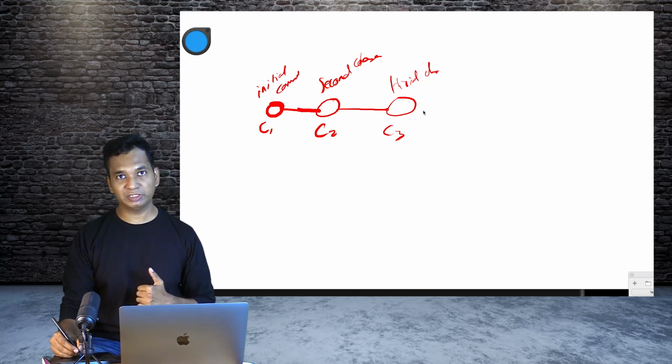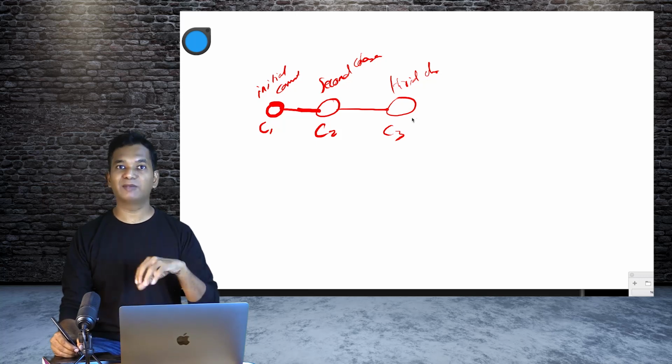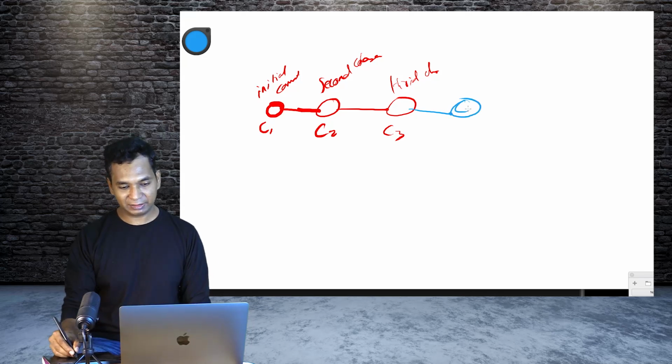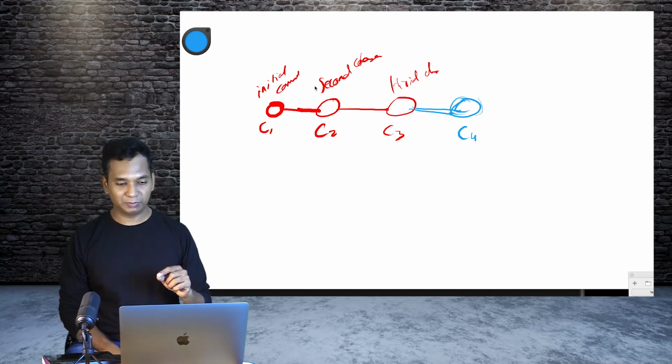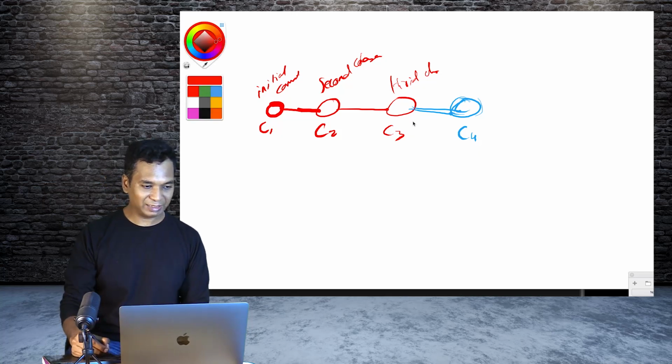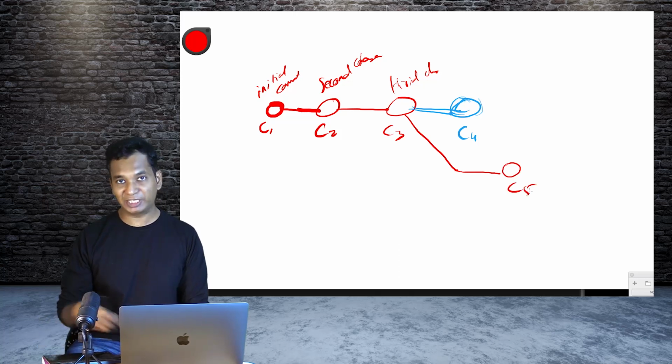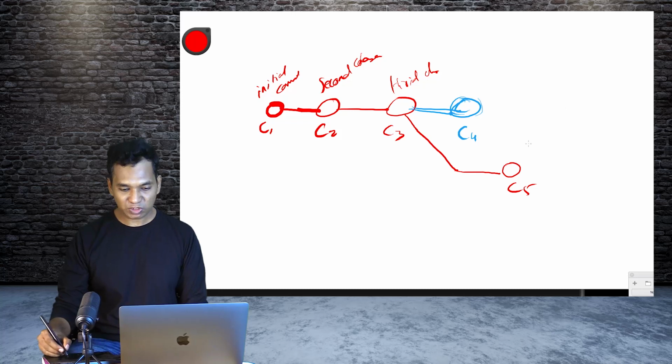But then in the cloud repository, dev2 pulled C3 and made more changes, added his own module and committed again, C4. The blue one is done by dev2. But now I have a problem, because in parallel dev1 also made another change. This is a local change, C5, and he wants to push it.